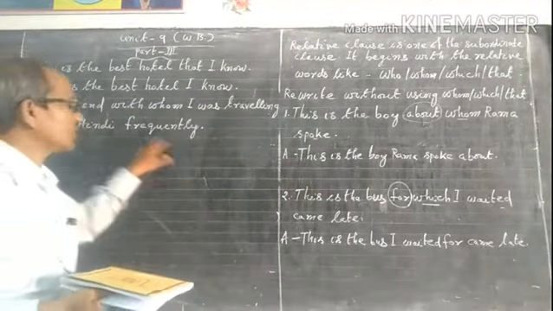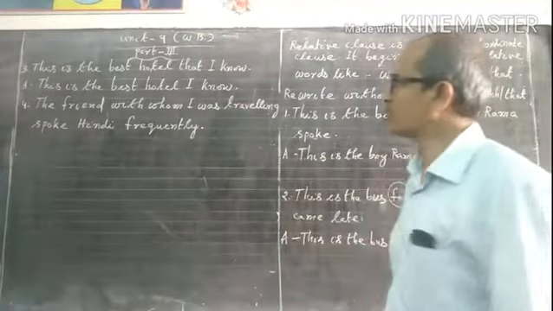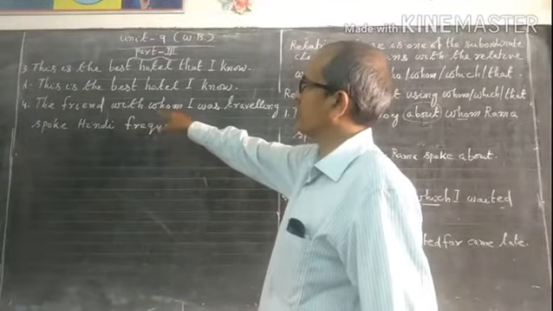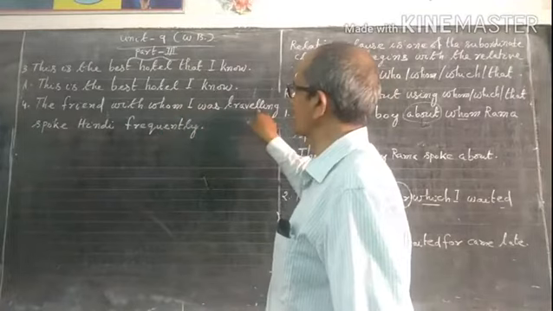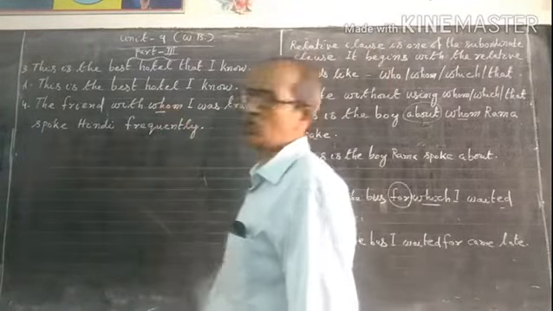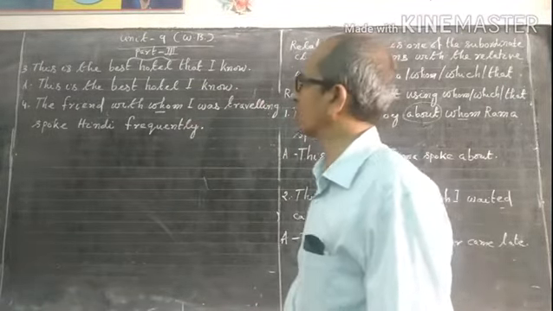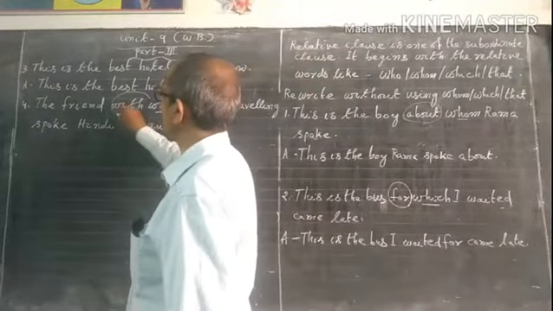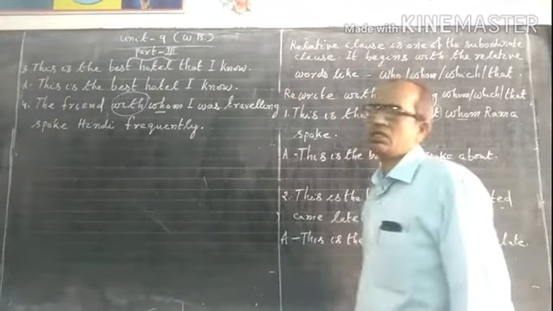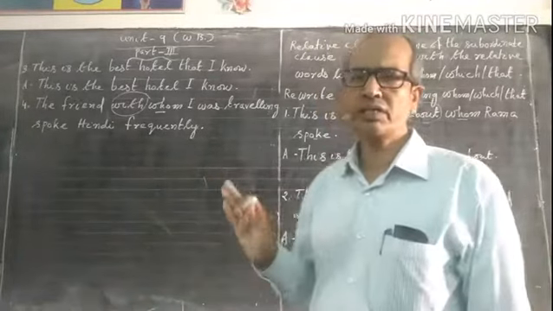So here children, look at this: the friend with whom I was traveling spoke Hindi frequently. The relative word is whom. Now we have to find out the preposition. What is the preposition? With. With is the preposition. We have to take the place of the preposition with after the verb of the relative clause.